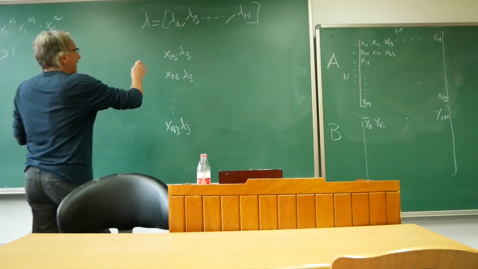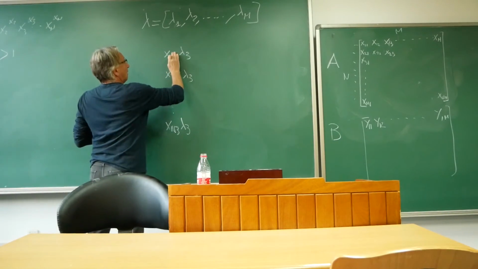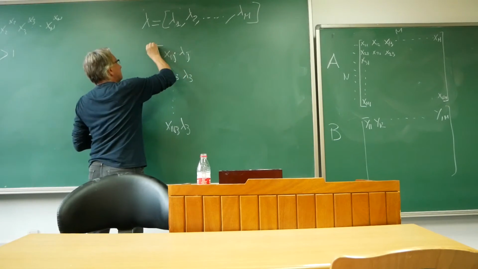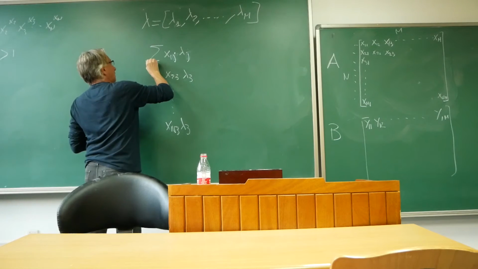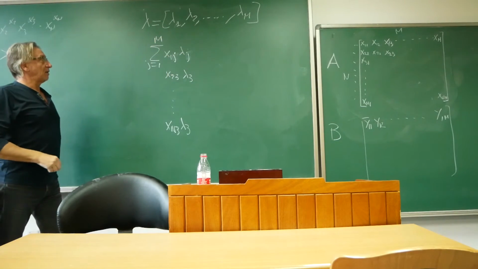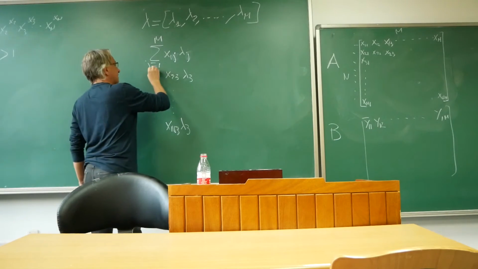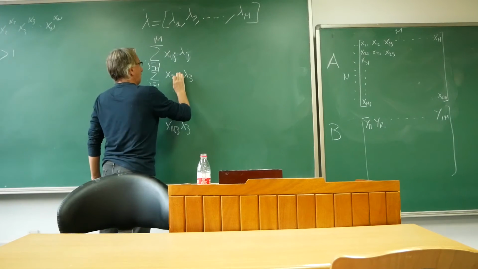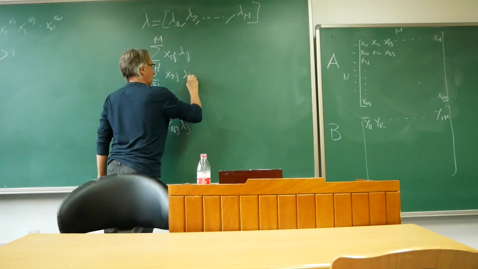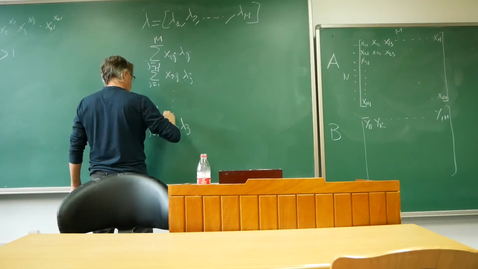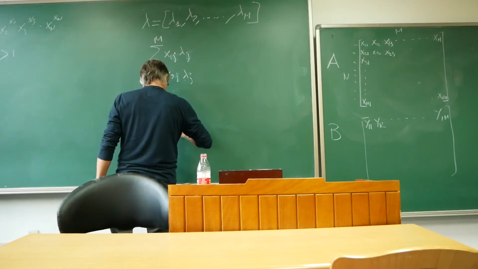If now you do that for each activity, what do you have? What is that? What am I writing? What's this sum?